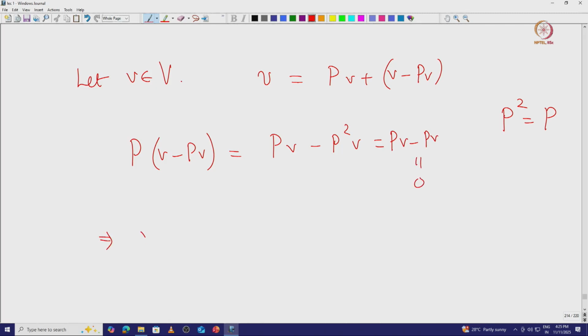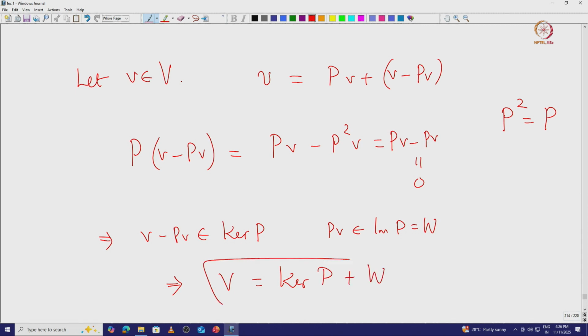So, v minus Pv is indeed in the kernel of P, and obviously Pv is in the image of P, which is exactly W. So, that proves that V is the sum of the kernel and the image.